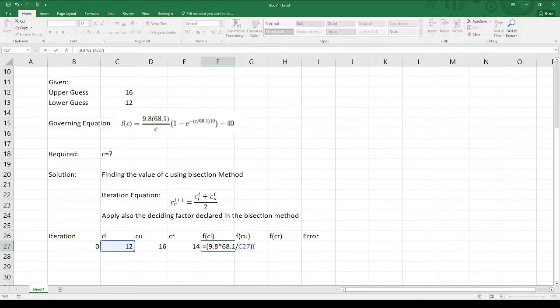So multiplied by that one, 1 minus, I think I will create another parenthesis.